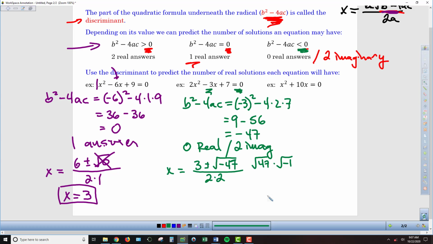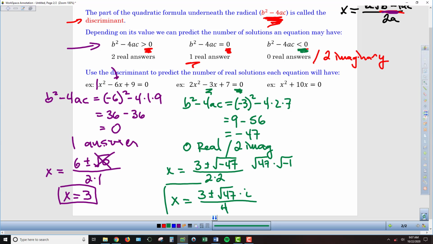So if we scroll down a little bit here, give ourselves some room, we end up with x equals, so I've got 3 plus or minus, and then I'm going to write it as square root of 47 times i, just making sure that that i is not underneath the square root symbol, and then that's going to be all over 2 times 2, which is 4.